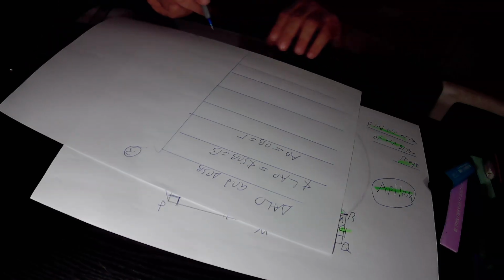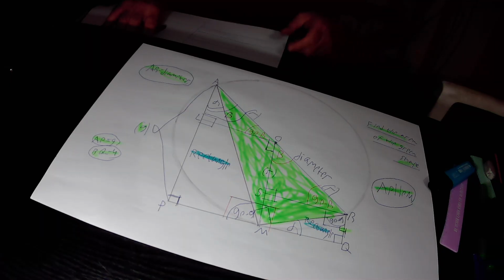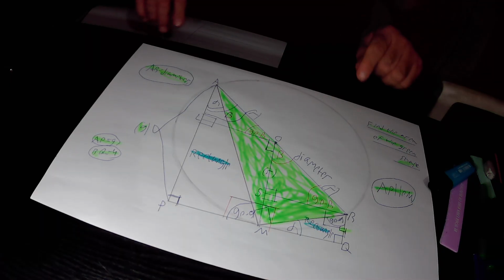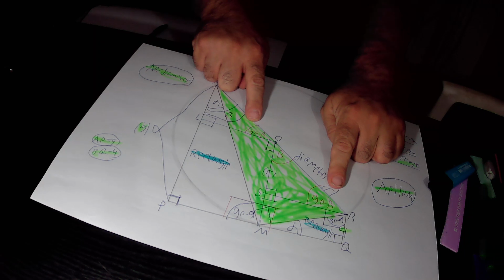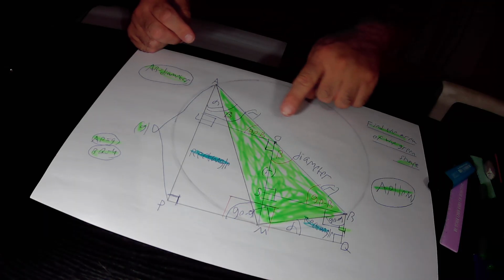They are both the radius of the circle, equal to R. And finally, those two angles are both equal to 90 degrees minus beta, and therefore they are equal to each other. So this is angle AOL.